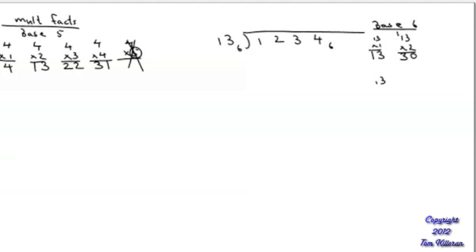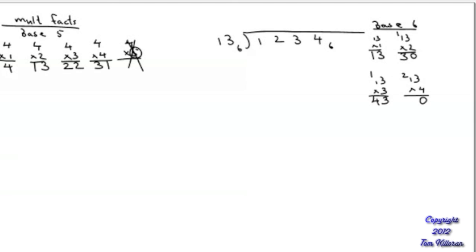1 3 times 3. All right, 3 times 3 is 9. Too big. 1 6, 3. 3 times 1 is 3 plus 1 is 4. So you get 4 3. 1 3 times 4. 4 times 3 is 12. 6 goes into 12 twice with a remainder of 0.